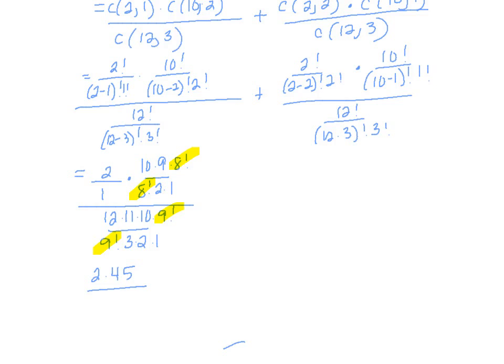And if I multiply 12 times 11 times 10 divided by 6 that will give me 220. I'll do my last steps here in a second. 2 factorial cancels out with 2 factorial, and I'm left with 0 factorial, which we know is just 1.